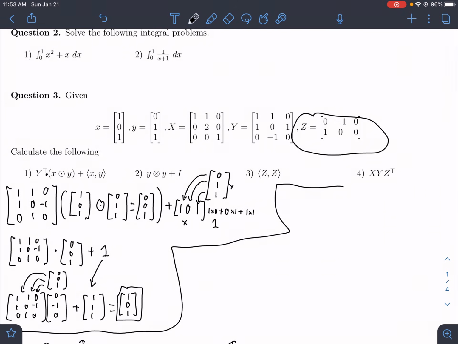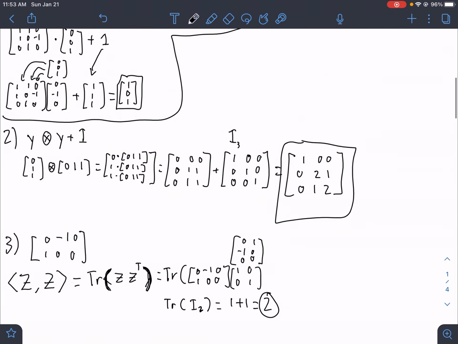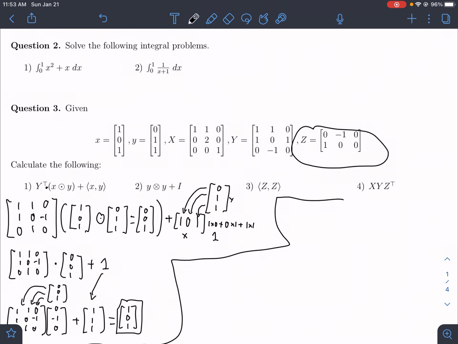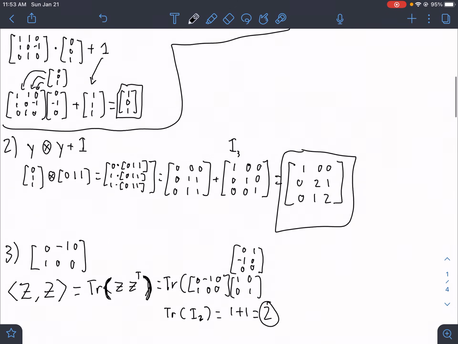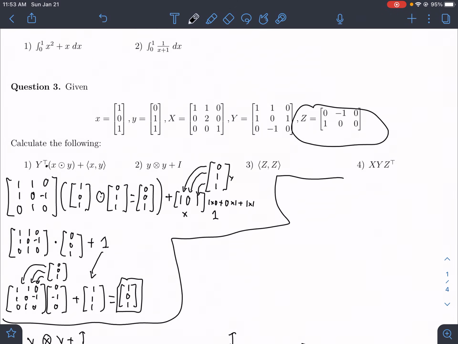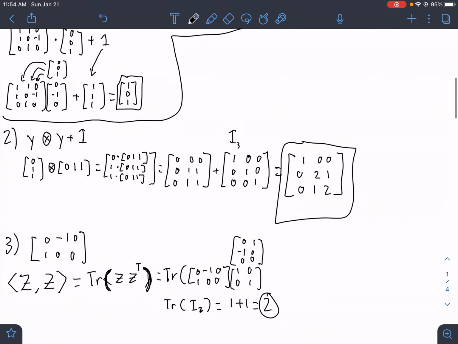Now for part 4, the x, y, z transpose. So let me just record these. X is 1, 1, 0, 0, 2, 0, 0, 0, 1. Y is 1, 1, 0, 1, 0, 1, 0, negative 1, 0.